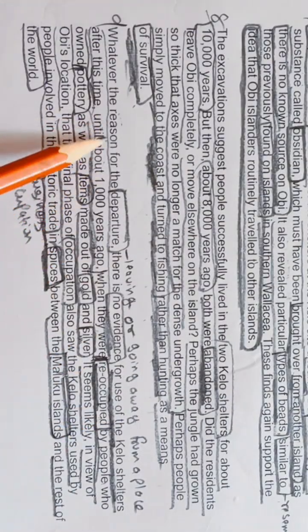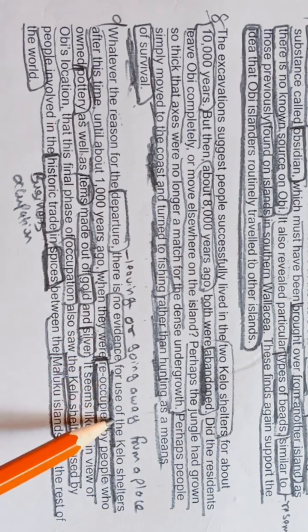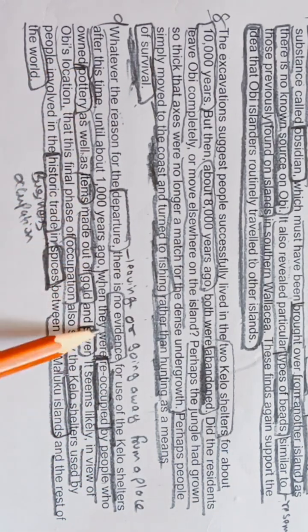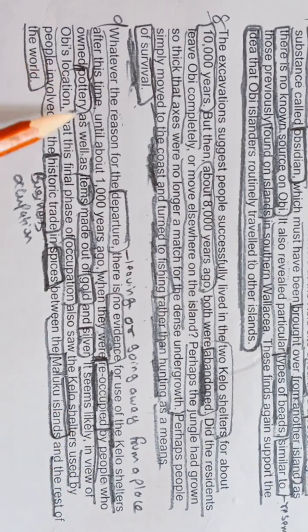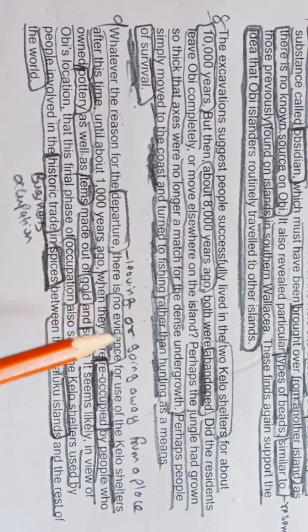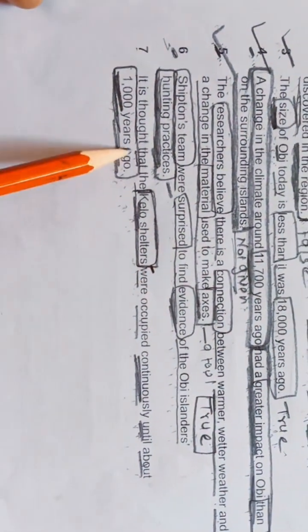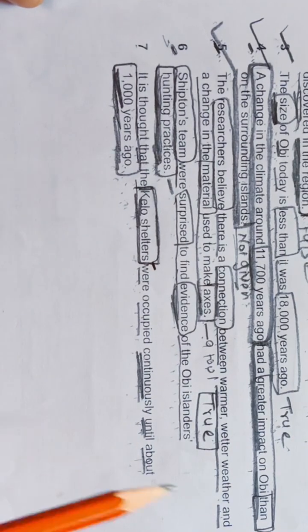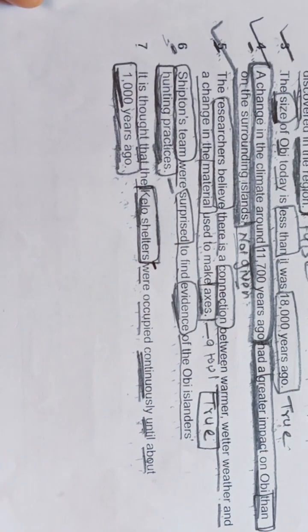Because here they are saying, whatever the reason for the departure, there is no evidence for the use of kilo shelters after this time until about 1000 years ago, when they were reoccupied by people who owned pottery as well as items made out of gold and silver. There is no evidence, and yet it is thought that kilo shelters were occupied continuously until about 1000 years ago. So these lines are contradicting with each other.